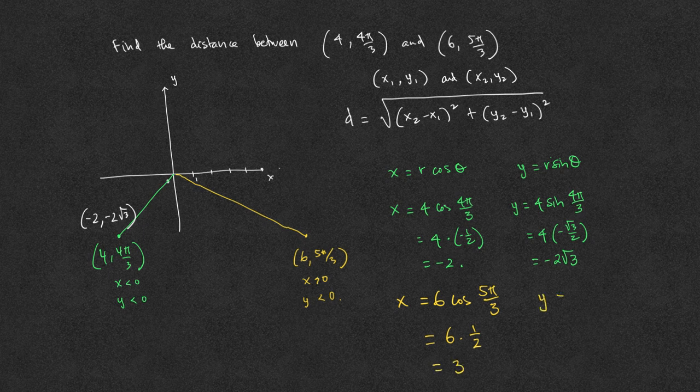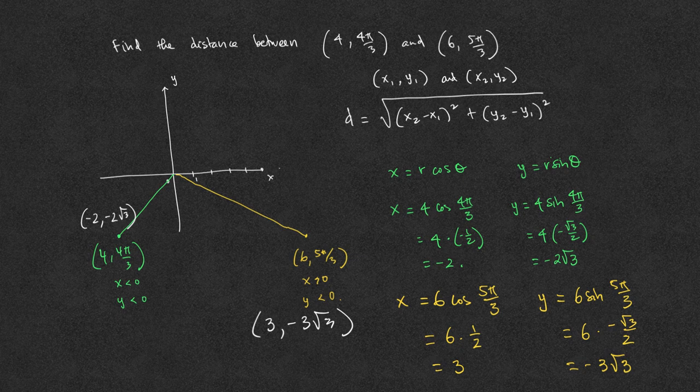For the y coordinate, it is 6 times sine of 5π/3. But sine of 5π/3 is negative root 3 over 2, so this is negative 3 root 3. The rectangular coordinates for the second point are x equals 3, y equals negative 3 root 3.